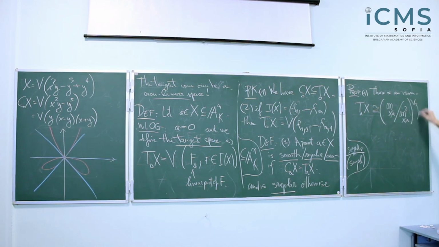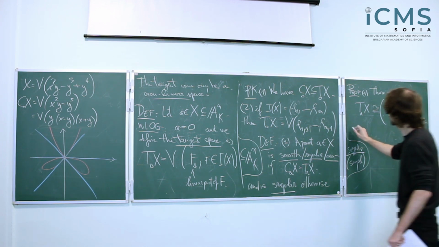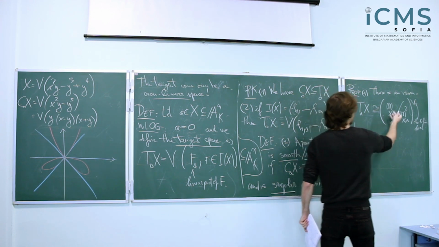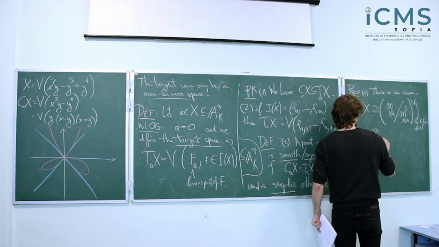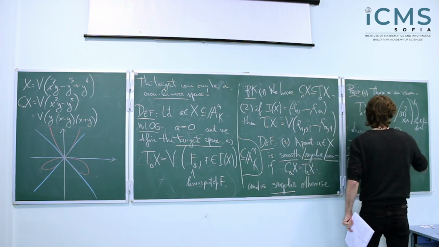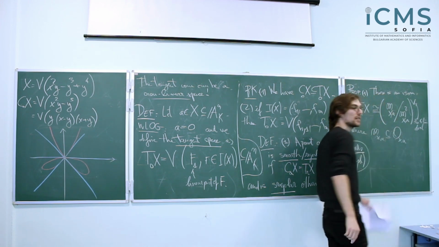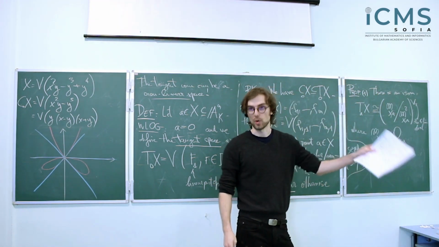So this is the k-linear dual, where M_x of A is the maximal ideal of the local ring of our point.